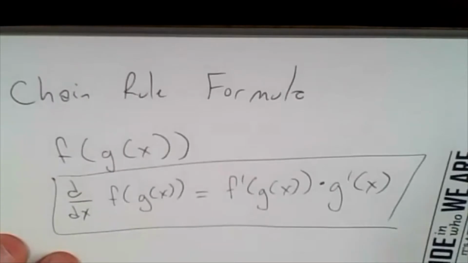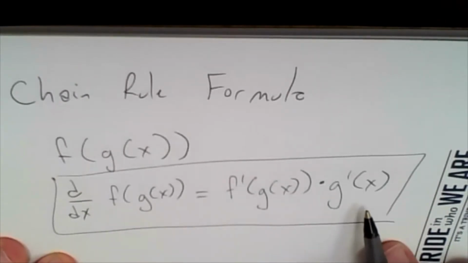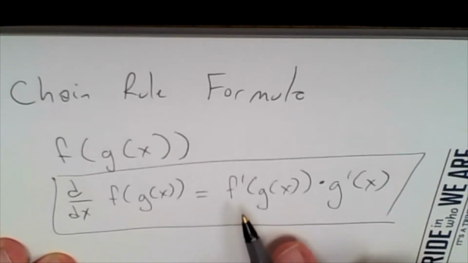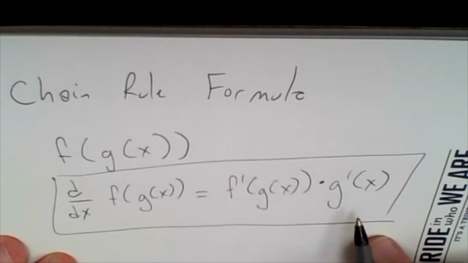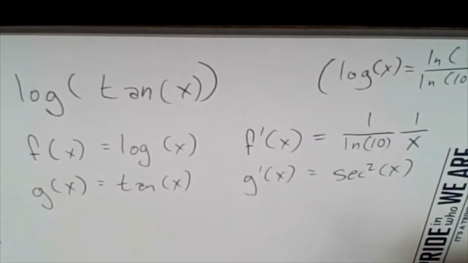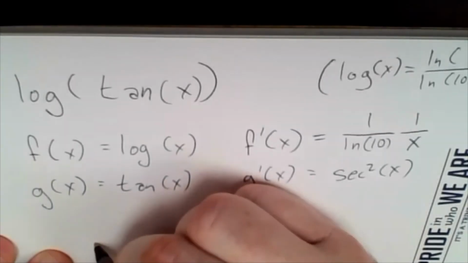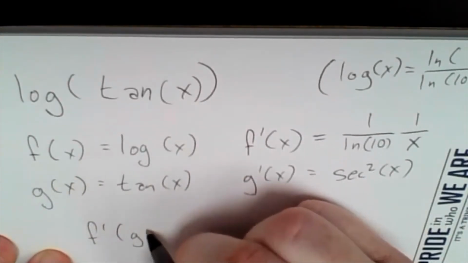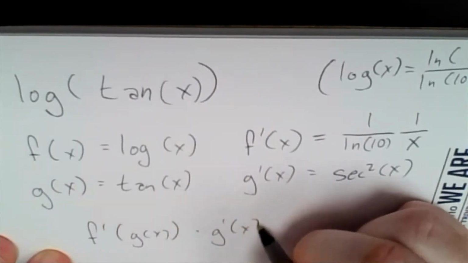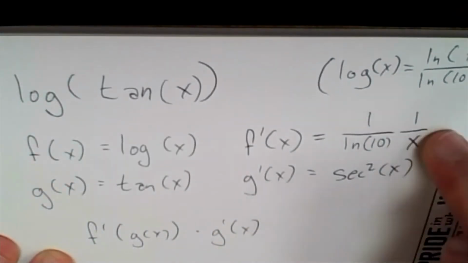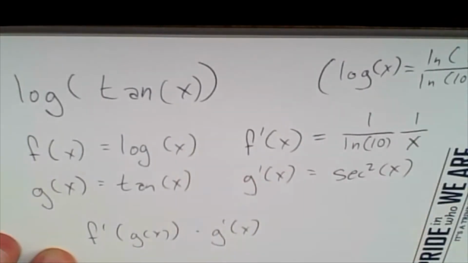So my recipe, if you will, is saying I need an f prime with a g of x inside and a g prime outside. So f prime, g of x inside, g prime of x outside, and I'm just going to copy these formulas from the notes that I already took.